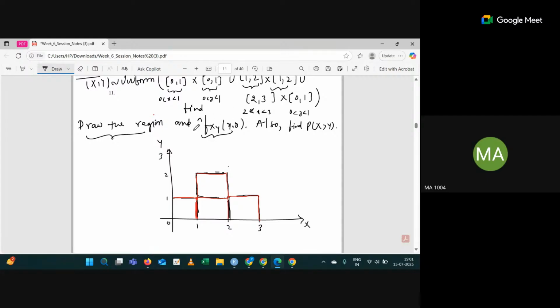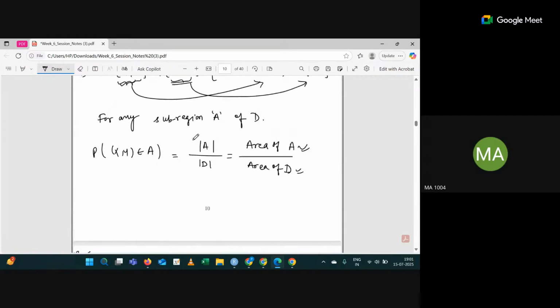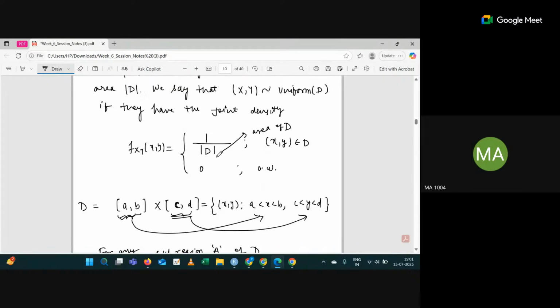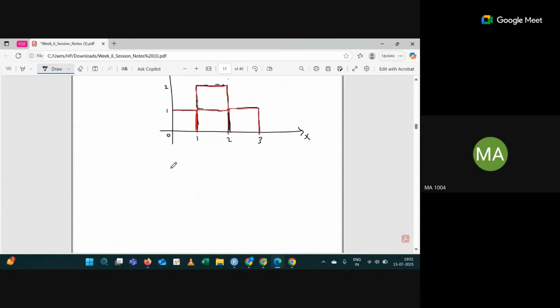Now I have to calculate the joint PDF. We saw the definition: joint PDF is nothing but 1 upon area of D, right? So f of x, y is 1 upon area of D. What is the area of D?